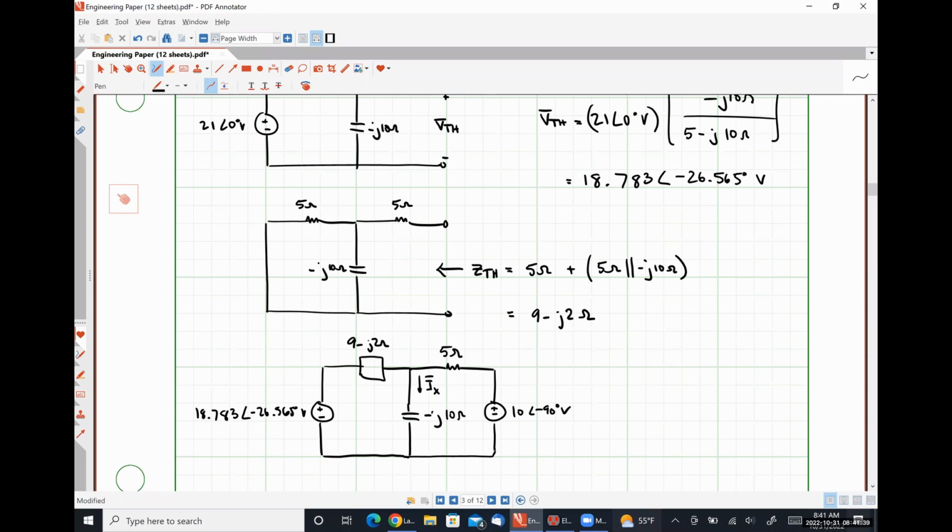So we could do something like we did a moment ago, where we effectively do Kirchhoff's current law at that topmost node, solve for that voltage, and then that voltage divided by minus J10 ohms gives us the current that we're looking for. We could also easily do superposition now if we wanted to.